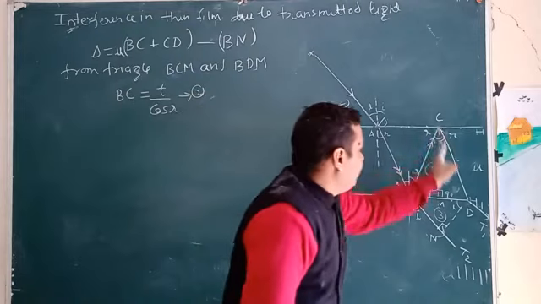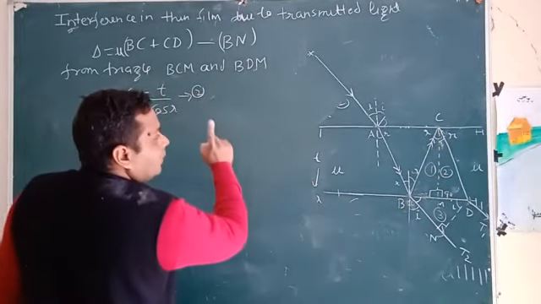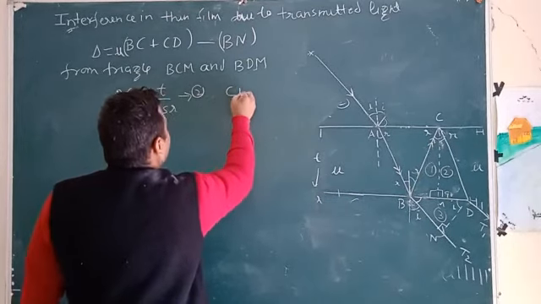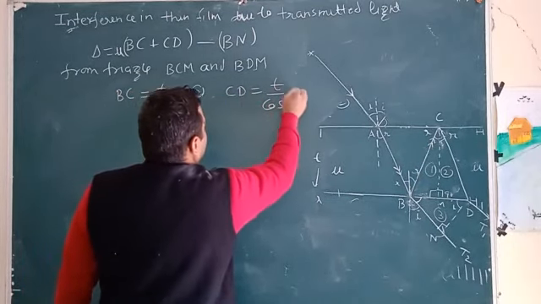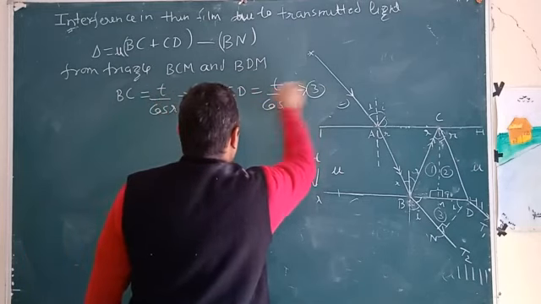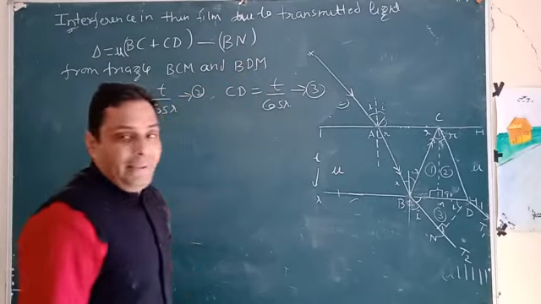Again with the help of this triangle we can calculate CD is equal to T upon cos r, that is equation number 3. Now our aim is to calculate BN.